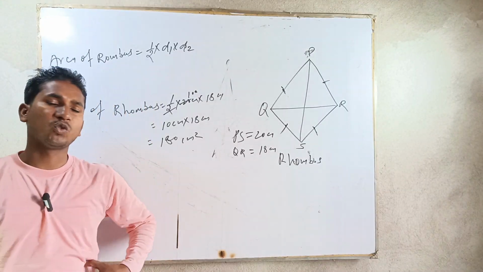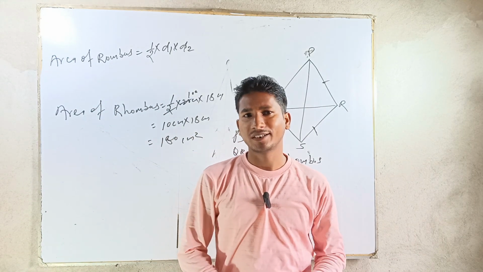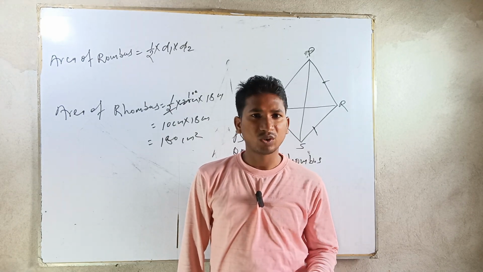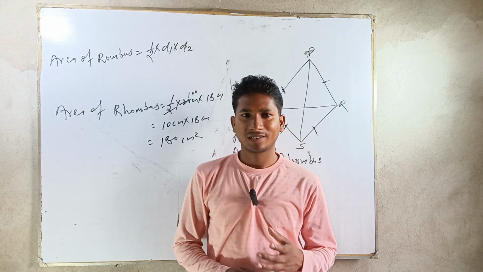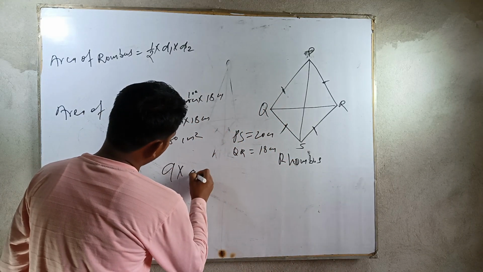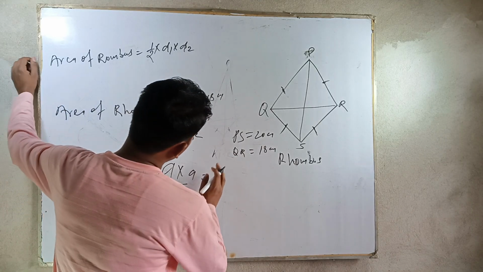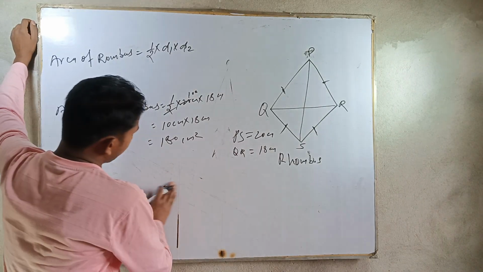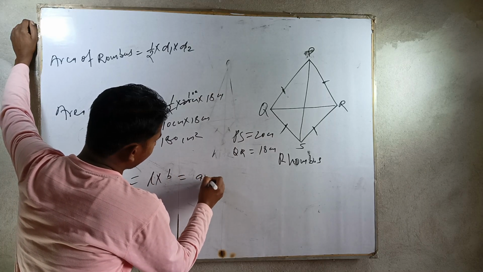So this is the way to find the area of a quadrilateral. If any type of quadrilateral is given, suppose a rectangle, we know L into B is the area of a rectangle. For a square, you multiply side into side, because both sides are equal. It is the same as the rectangle, but instead of L and B, A is written.